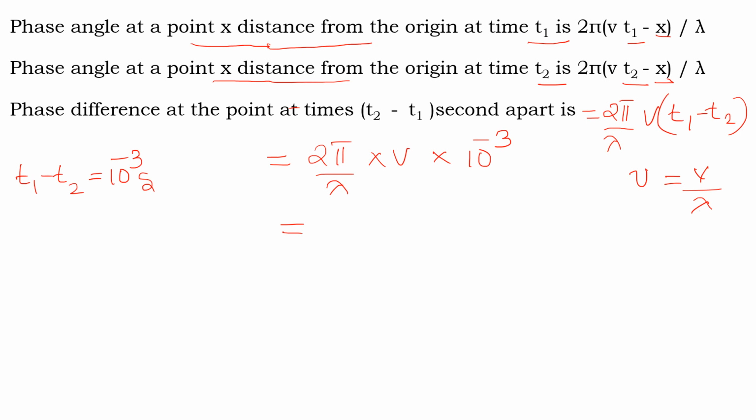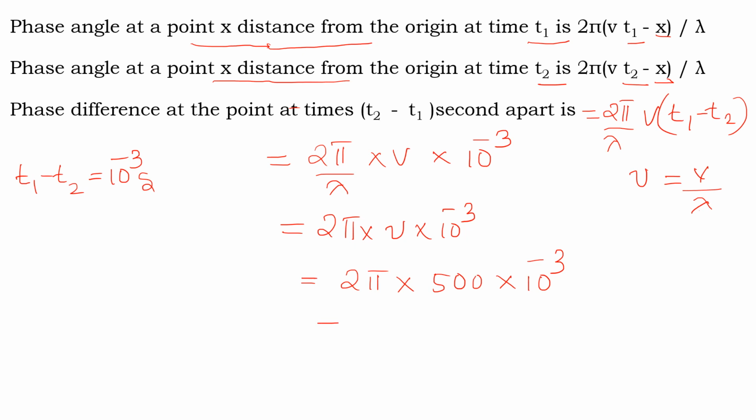Therefore, it is 2 pi into frequency nu into 10 to minus 3, and the frequency is given as 500. So 2 pi into 500 into 10 to minus 3.